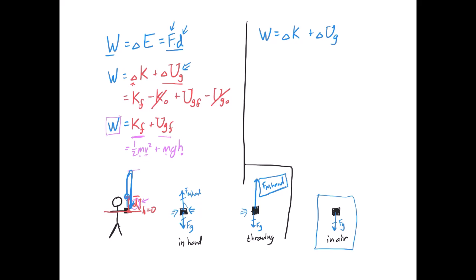But in this situation, once we write it out and say that means the final kinetic minus the initial kinetic plus the final gravitational minus the initial gravitational, we could say, well, when he's in the air, there are no other forces other than gravity, which is accounted for in our gravitational potential energy. So therefore, there won't be any work done because there aren't any forces acting over that distance. So work would be 0.